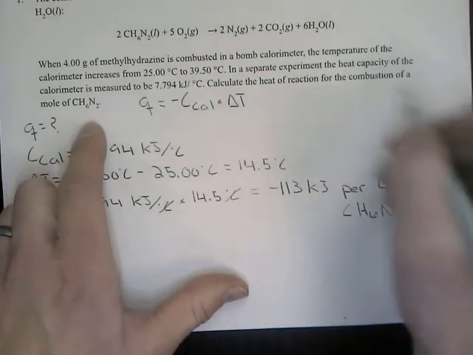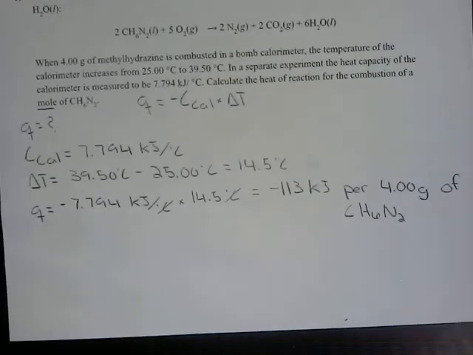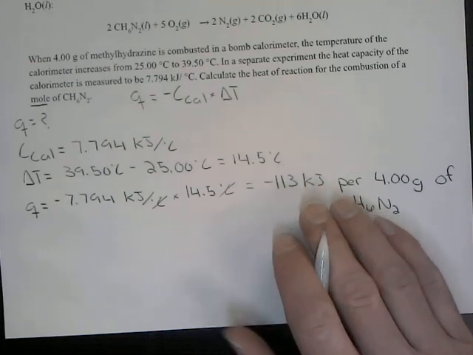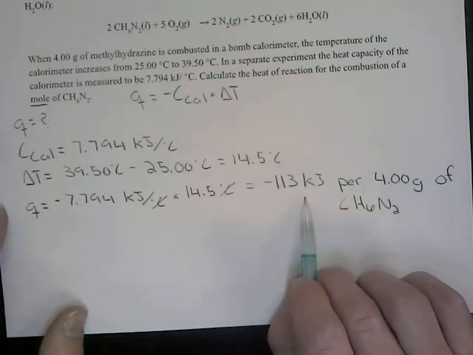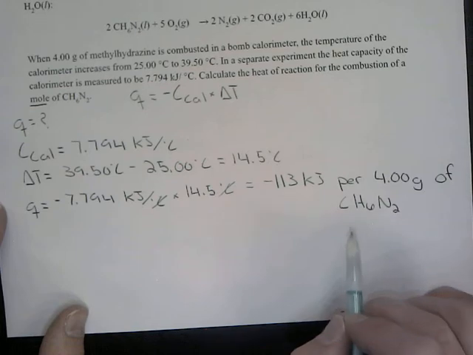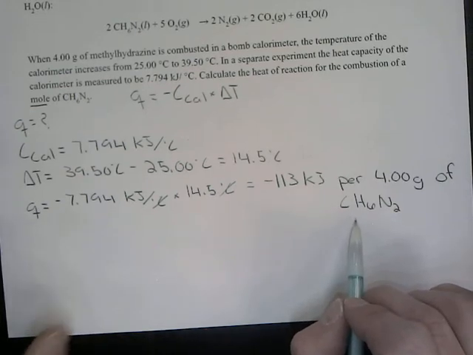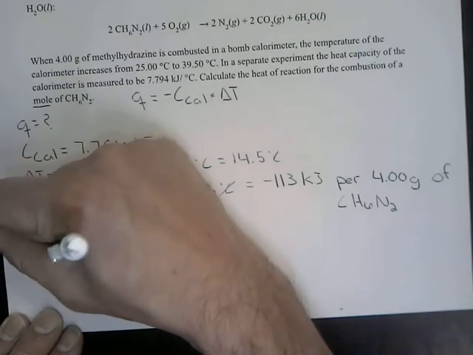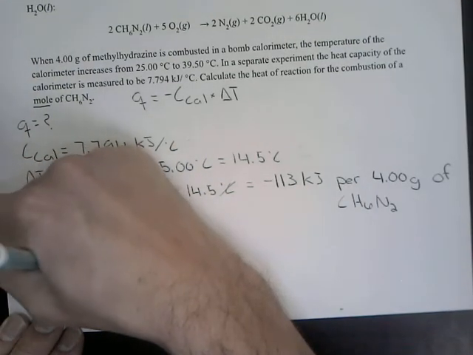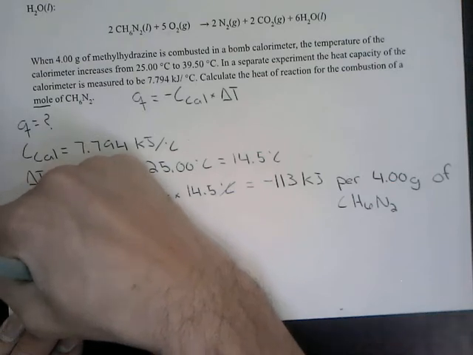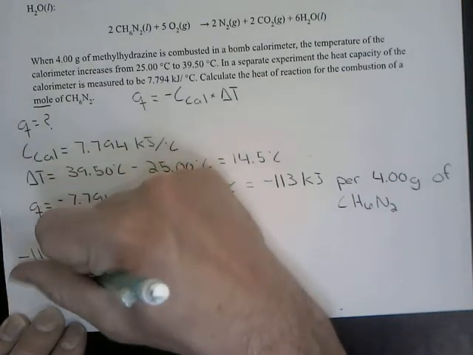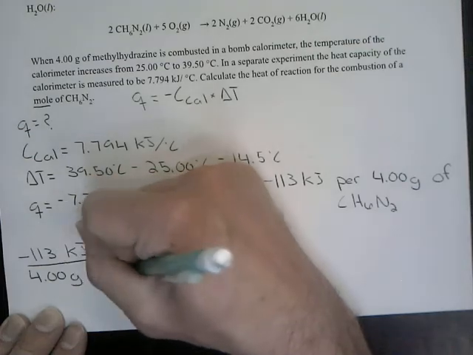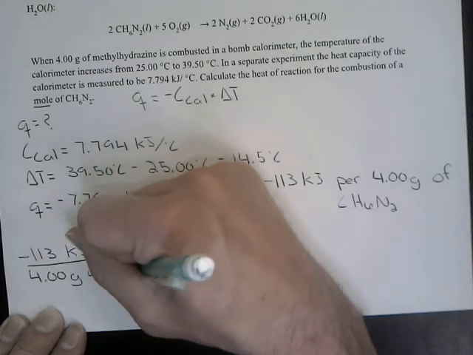The problem says per mole, not per 4 grams, so we need to go one step further. Let me set this up in a different fashion. Negative 113 kilojoules per 4 grams of methyl hydrazine, or CH6N2.